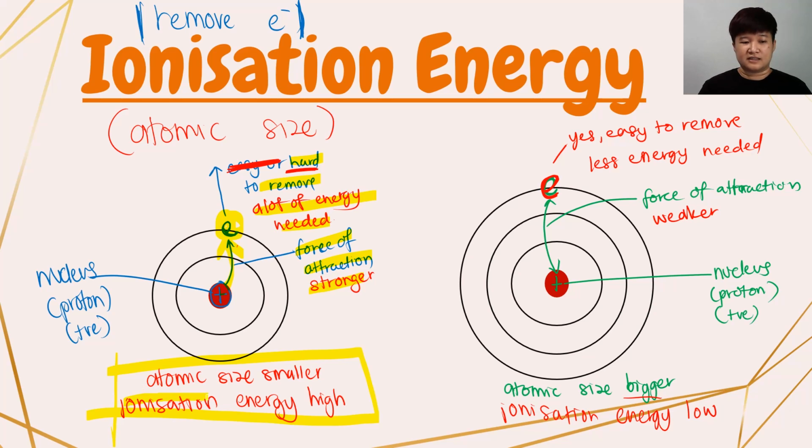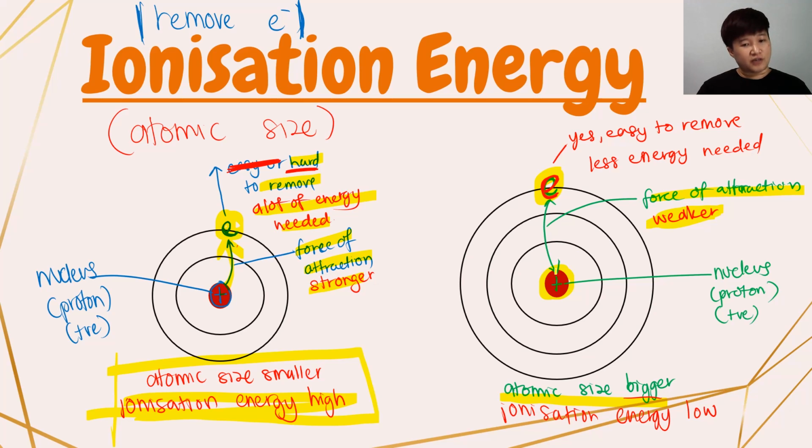So ionization energy increases. Vice versa, when the atomic size is bigger, what happened to the valence electron? The valence electron will be very far from the nucleus. When the valence electron is very far from the nucleus, the force of attraction will become very weak.